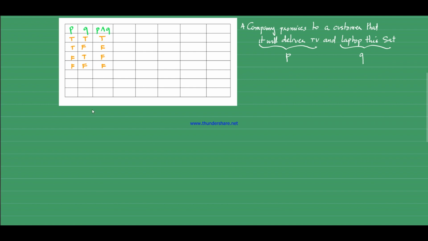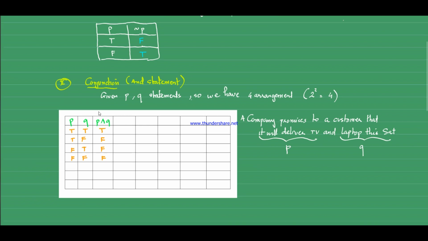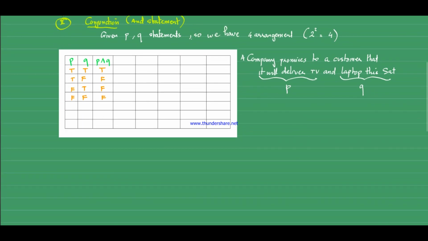Good. Now, how about the truth table for a disjunction? Number 3, disjunction. Disjunction is the "or" statement.